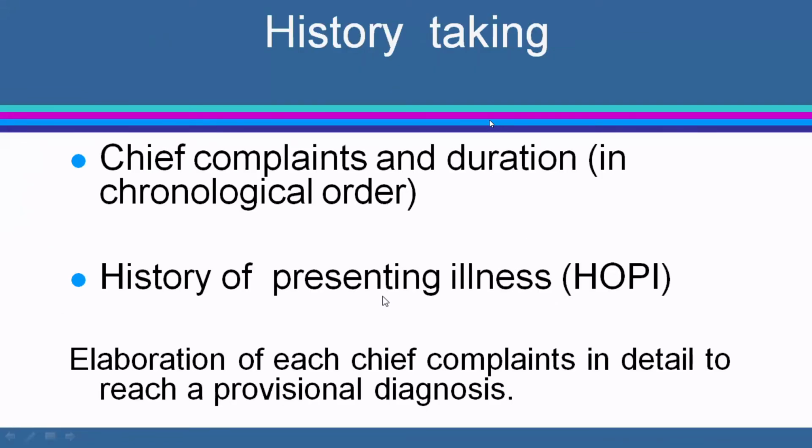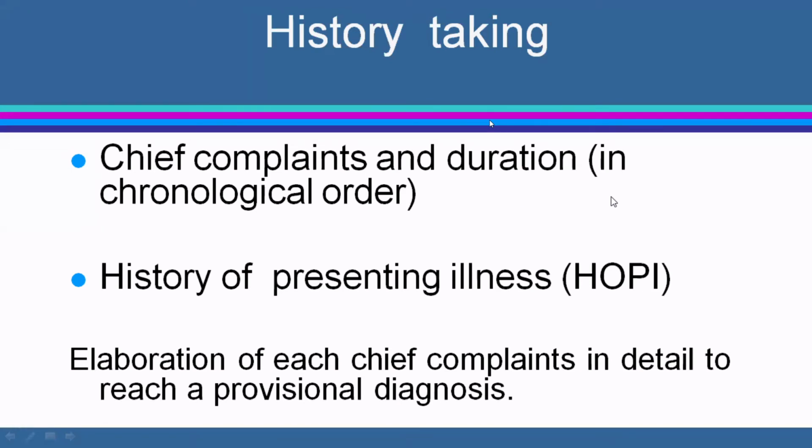Now, coming to history taking, another heading is chief complaints and duration, in chronological order. You must be knowing what is chronological. Chronology means time, with relation to time. So if she has multiple complaints, you can write the first complaint first and then other complaints, and you have to always write the duration.